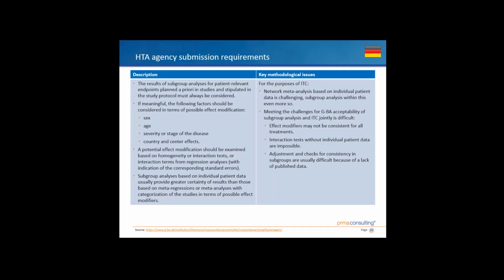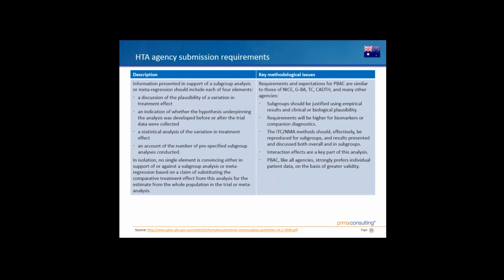These are all listed in their template for Module 4. Generally, the focus that you see in Germany is on the impact of subgroups and the way they isolate comparators and the impact of that on relative treatment effect. And I'm going to talk about this as a bigger concept in a moment.